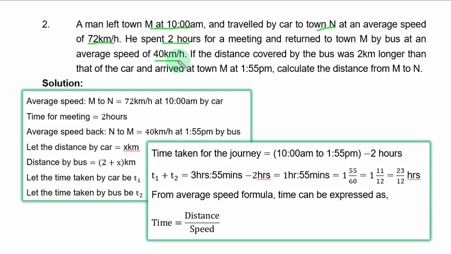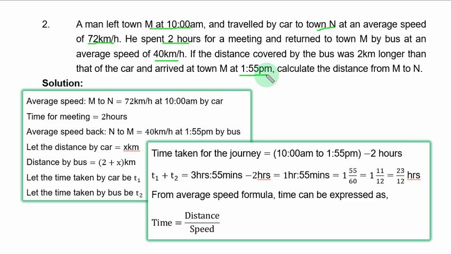If the distance covered by the bus was 2 kilometers longer than that of the car and arrived at town M at 1:55 p.m., calculate the distance from M to N.